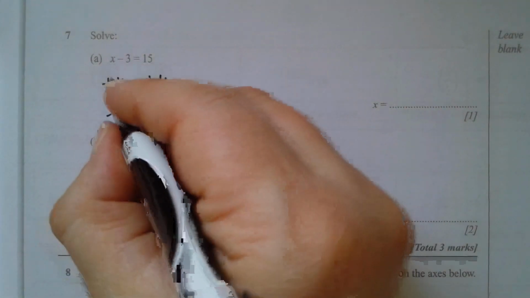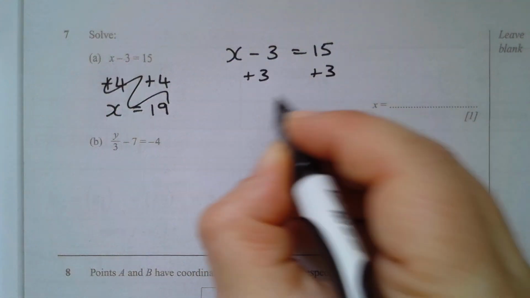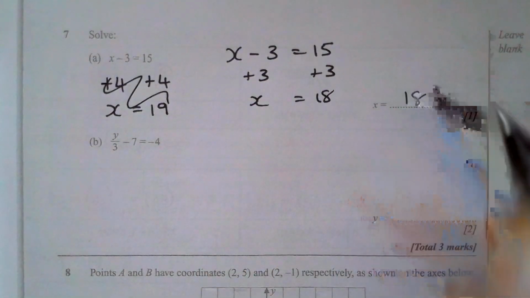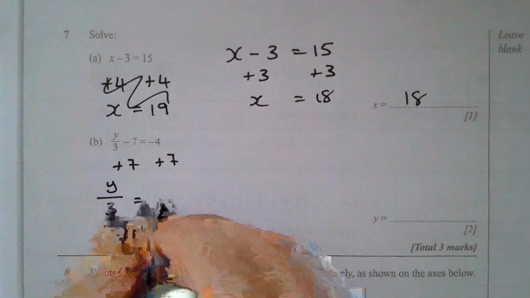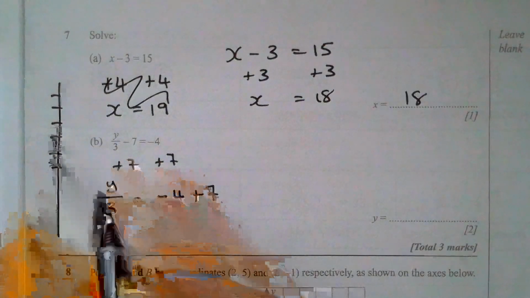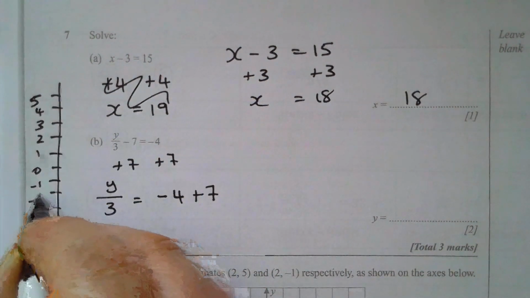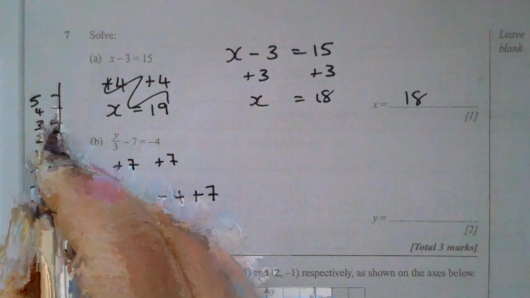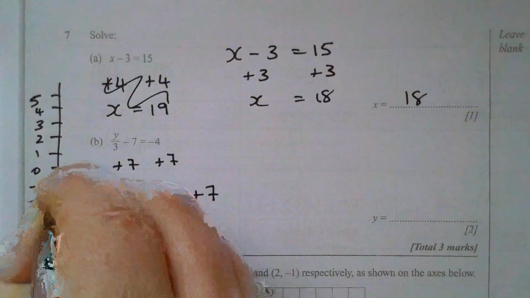Shall we try that one again? So starting at -4, counting up 7. 2, 3, 4, 5, 6, 7.